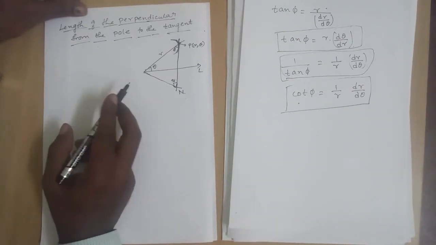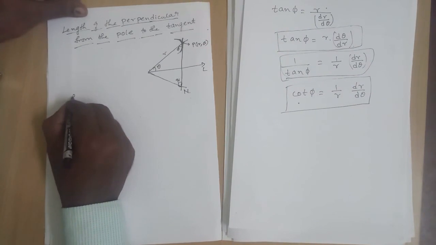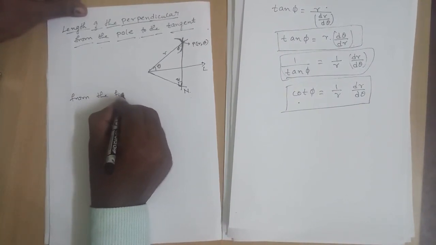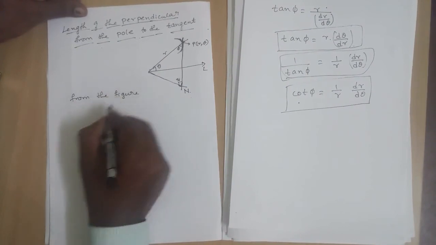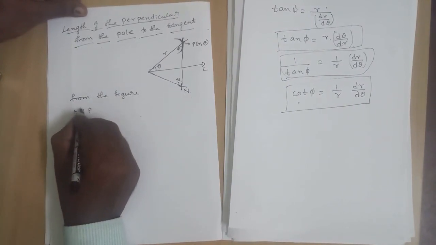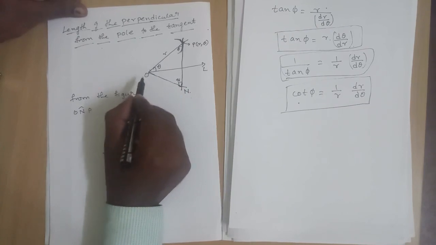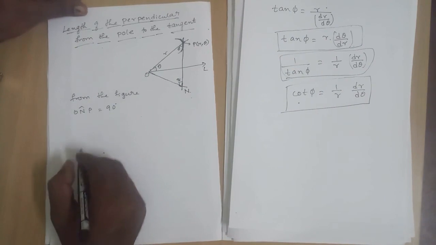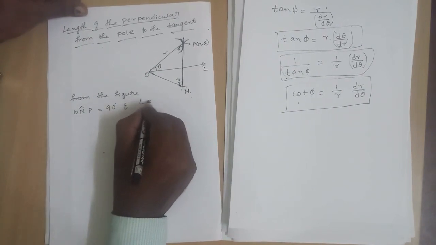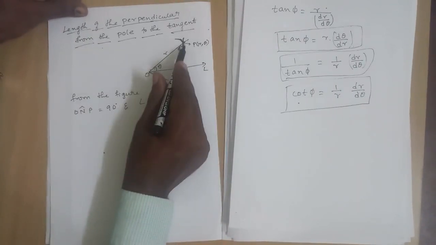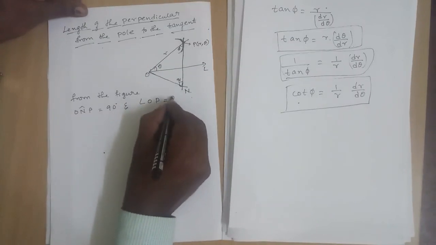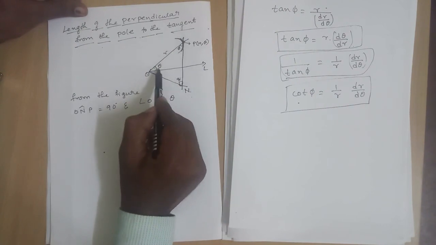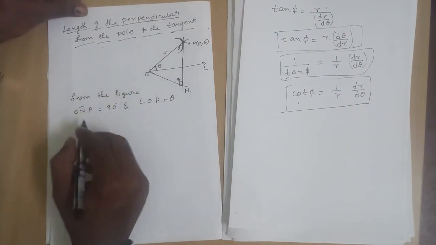So here from the figure, ONP, from the figure I call this angle ONP, it is 90 degrees. And LOP, I call it here LOP, this point is P, so it is theta.